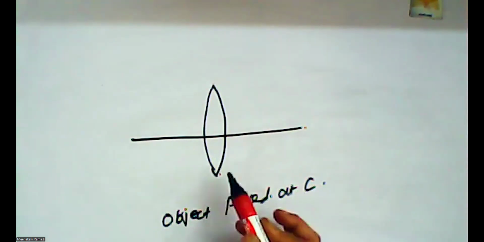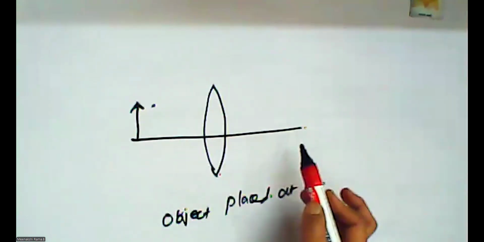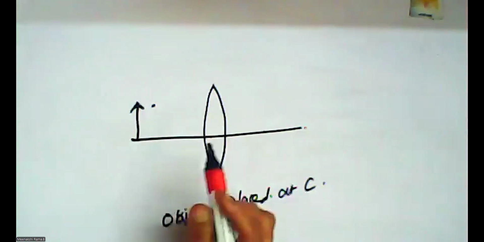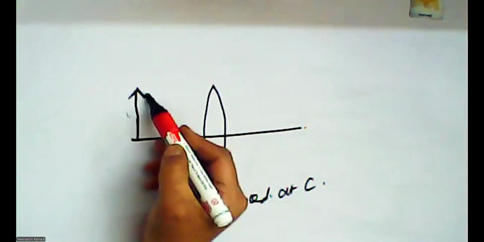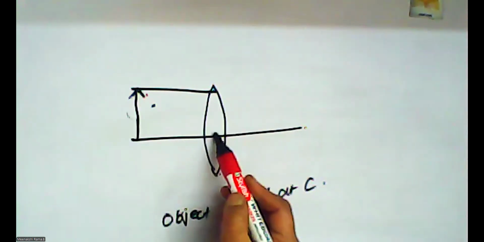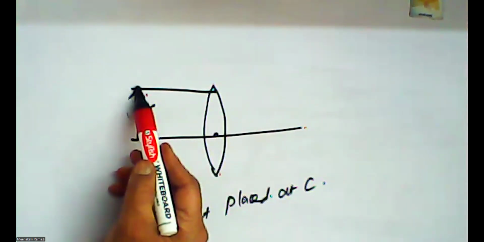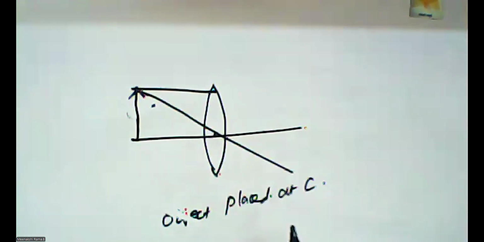So this is the lens. The light passes through here. This is the center point. The light passes here.